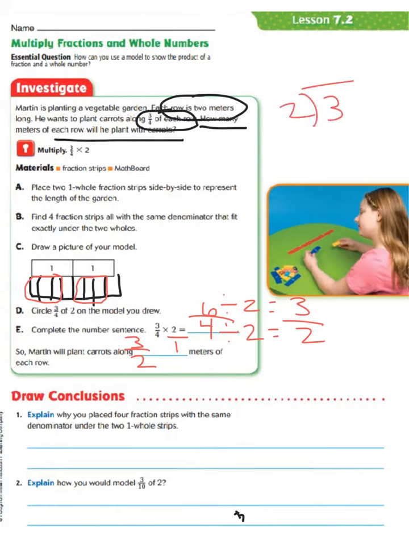We know that 2 goes into 3 one time. 1 times 2 is 2. 3 minus 2 equals 1, and our denominator stays the same at 2, so we have 1/2. So 3/2 or 1 1/2 meters of each row.